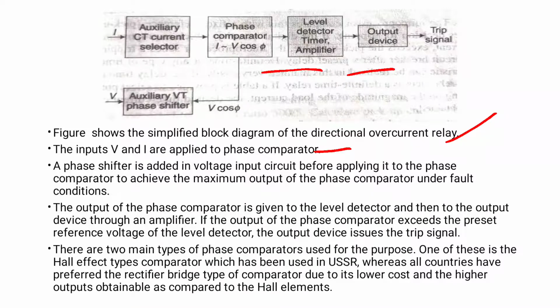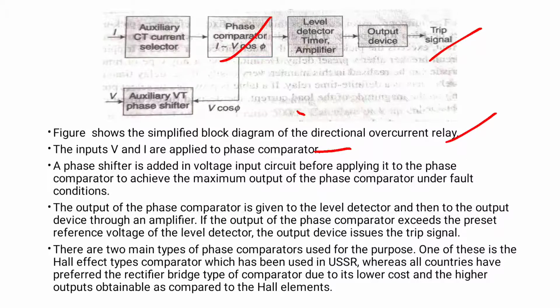If the output of the phase comparator exceeds the preset value, that is the reference voltage of the level detector, then the output device issues a trip signal.